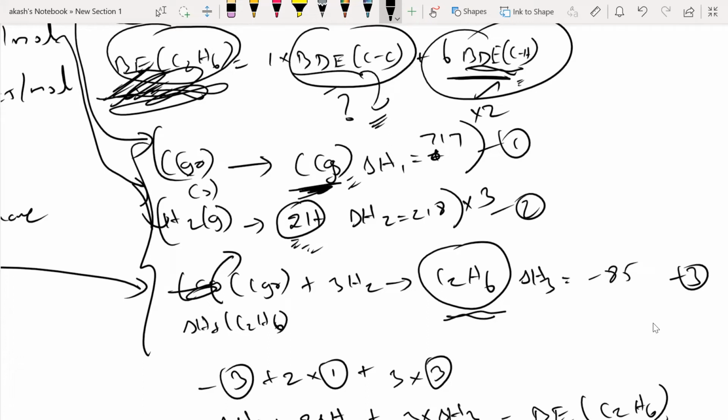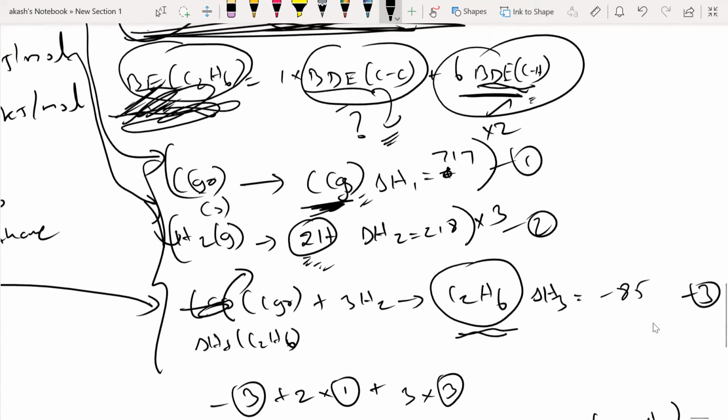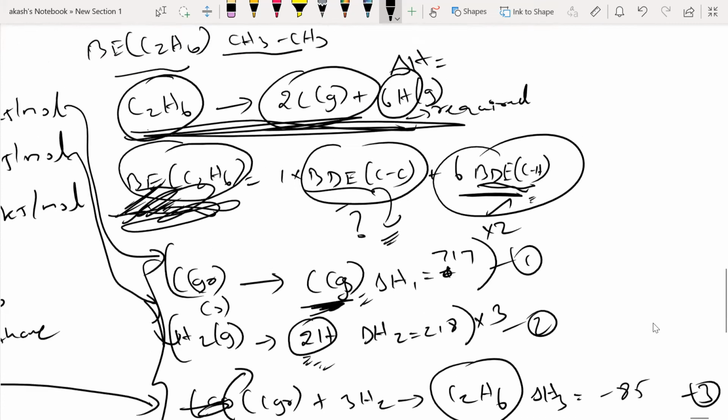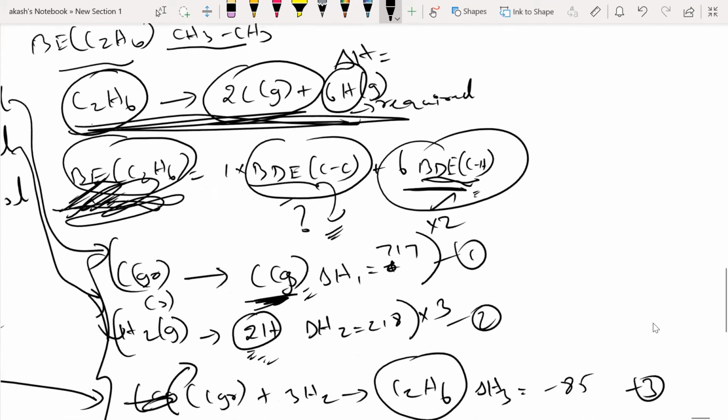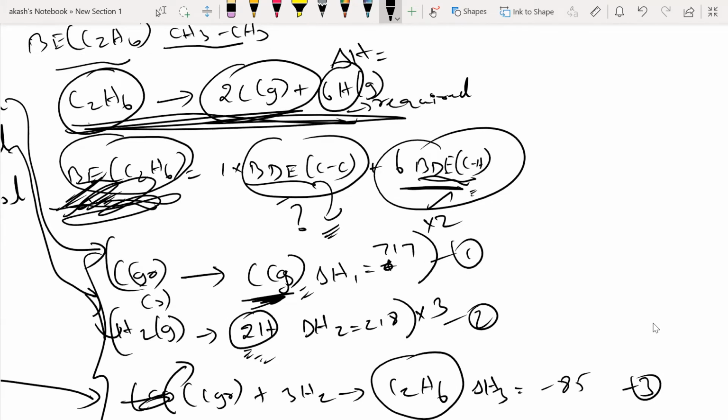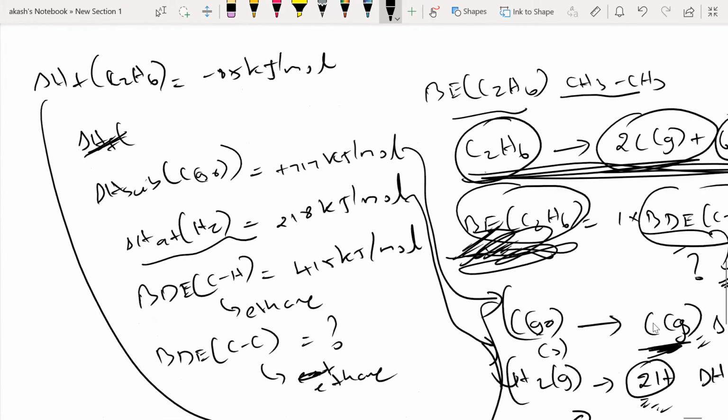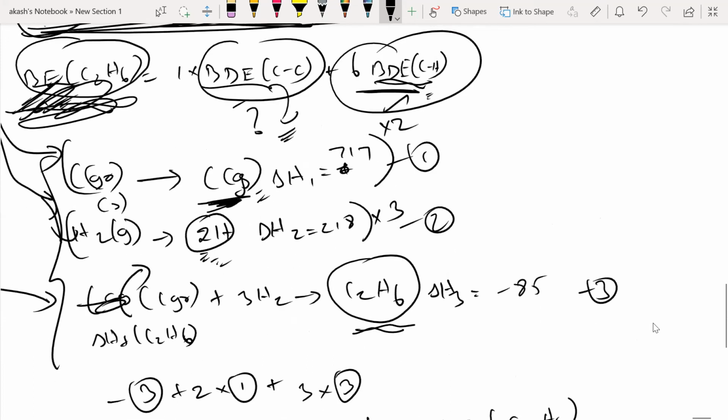But it is not. Again, I repeat, whatever I have done, I started with the bond enthalpy of C2H6. So we require 2C and 6H, right? And we can write the bond enthalpy in terms of bond dissociation enthalpy. So that is 1 into bond dissociation enthalpy of CC bond plus 6 into bond dissociation enthalpy of CH bond, right? And they have given some enthalpy values. I wrote the equations for that.